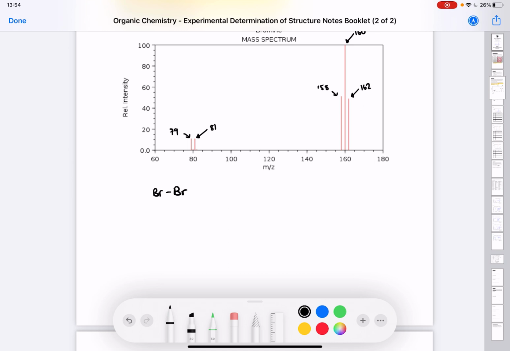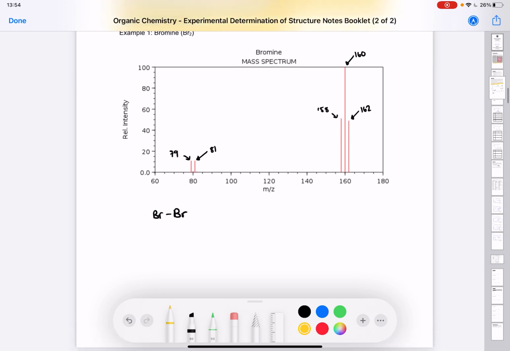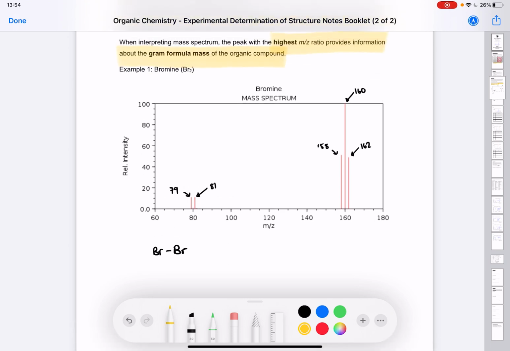Now, the highest mass to charge is this section of the graph here. When you have multiple peaks at that highest mass to charge, that is a very strong clue that you've got a sizable proportion of isotopes in one of the atoms in your sample.